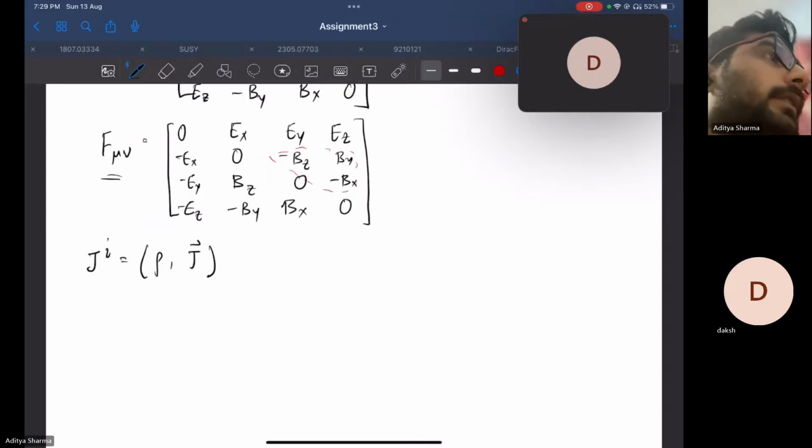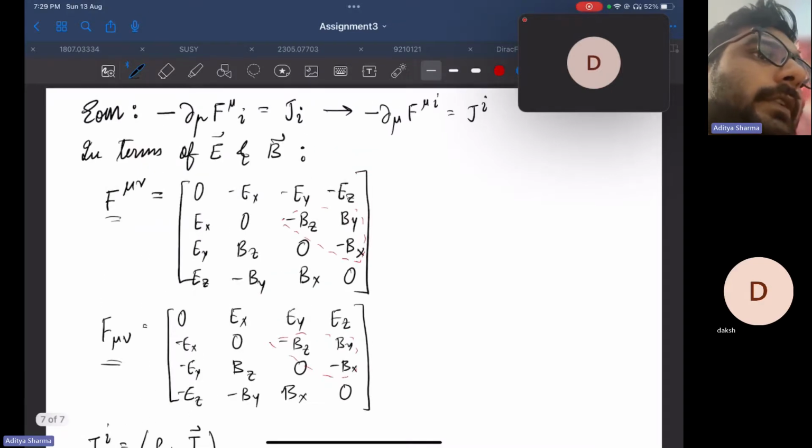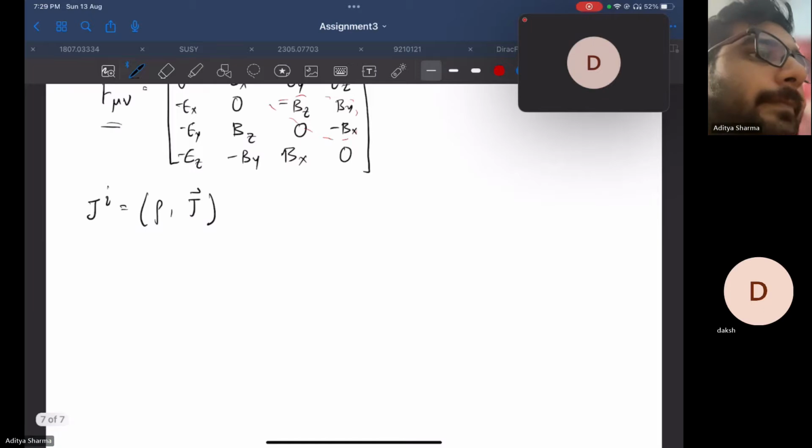Okay, so now what we'll do is we'll write the equation for i equal to 0.